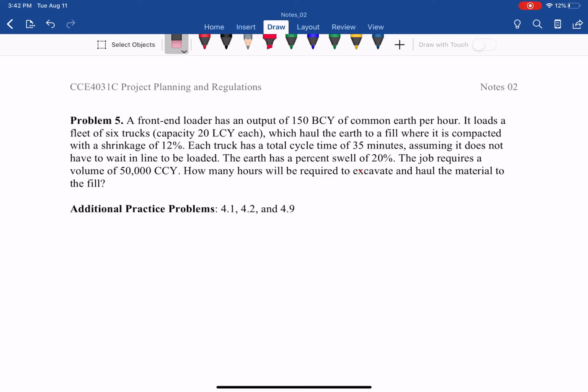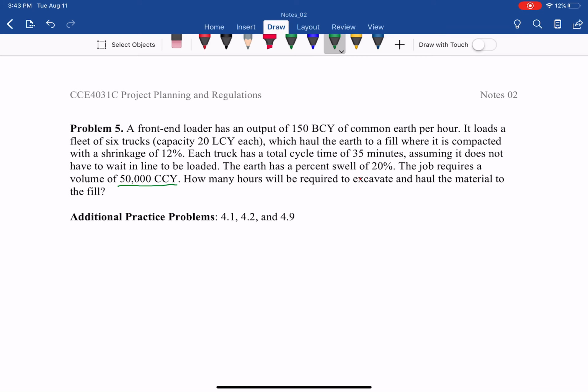Assume it does not have to wait in line to be loaded, so the operation will be smooth. The 6 trucks just go in line to get loaded and don't have to wait. And the swell for this common earth is 20%. And the volume of the fill required, as you can see here, is 50,000 CCY.